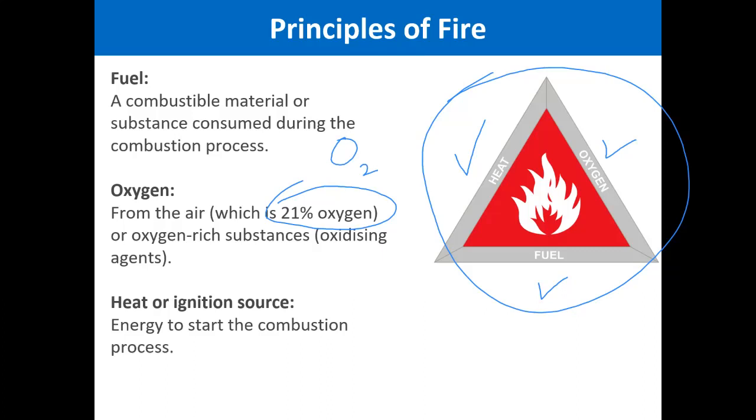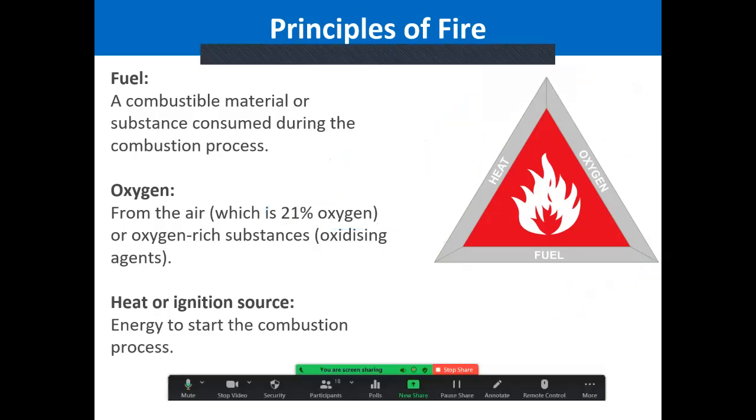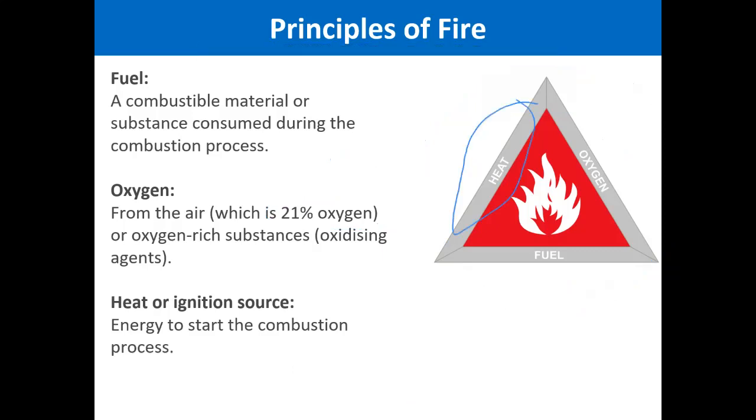This is called the fire triangle. Now keep one thing in mind, guys. If you remove any one of these, a fire will be extinguished. If you remove heat, a fire will extinguish. How do you remove heat? You remove heat by lowering the temperature of the fire.